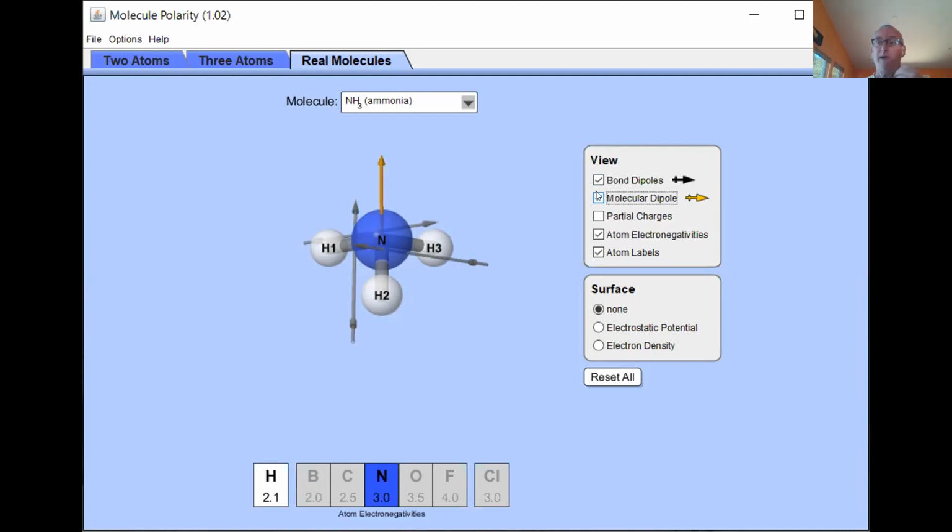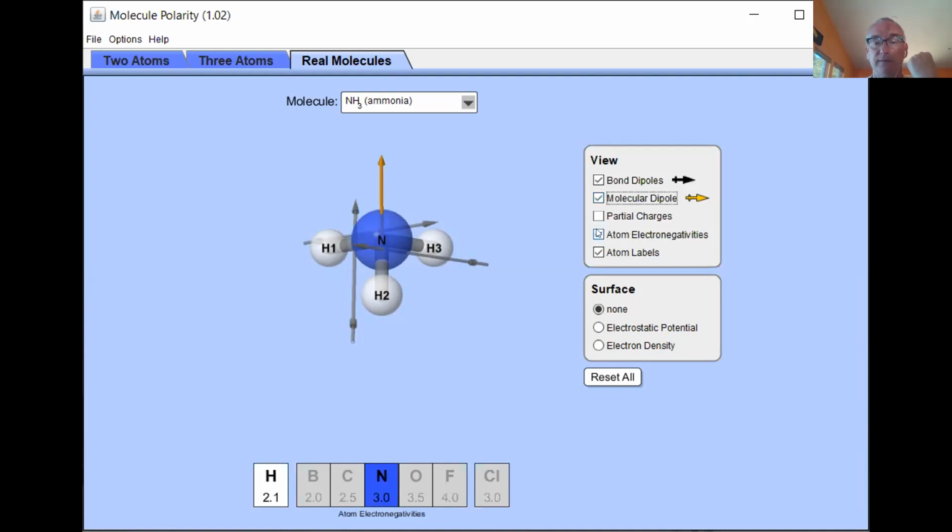Why? We have weaker bond dipoles, but we have more of them. And they're also pointing towards nitrogen slightly. So when we add them all together, we also get a very strong overall molecular dipole pointing toward the more electronegative element, which in this case is nitrogen. So therefore, ammonia is almost as polar as water.